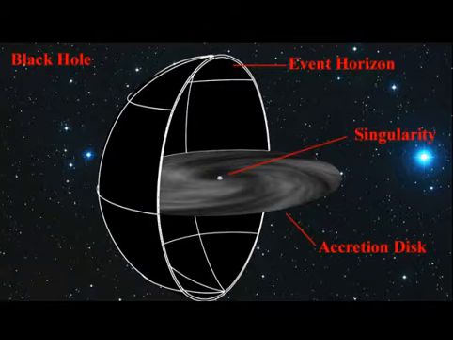Around the singularity you've got the event horizon, which is the gravitational boundary, and once you go past that or inside that towards the singularity, the gravitational pull becomes so strong that nothing can come out. Around that you've got the accretion disk, which is basically the swirling mass of matter which is being caught in the gravitational pull, and it's now orbiting around it, being pulled in towards that singularity.